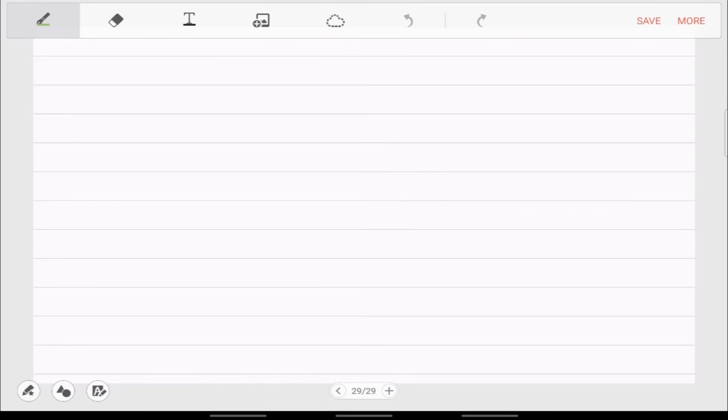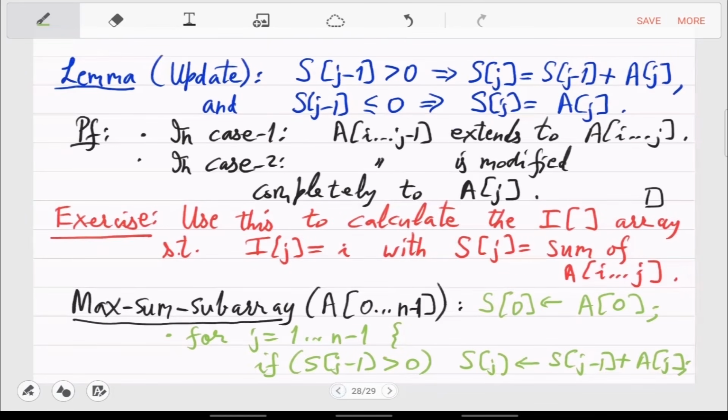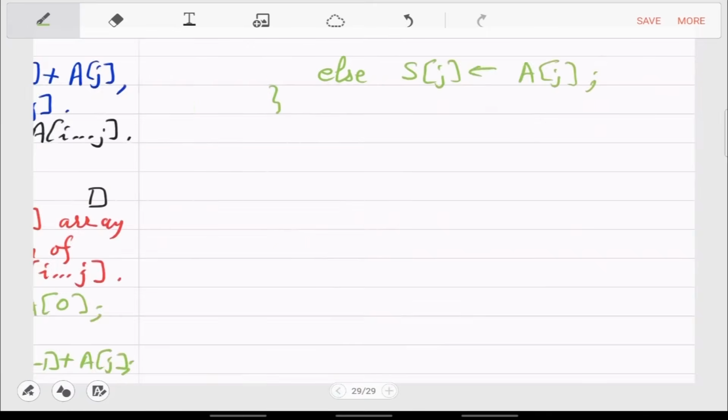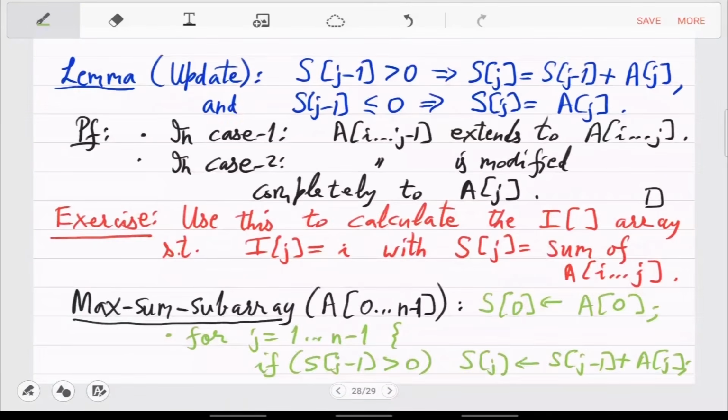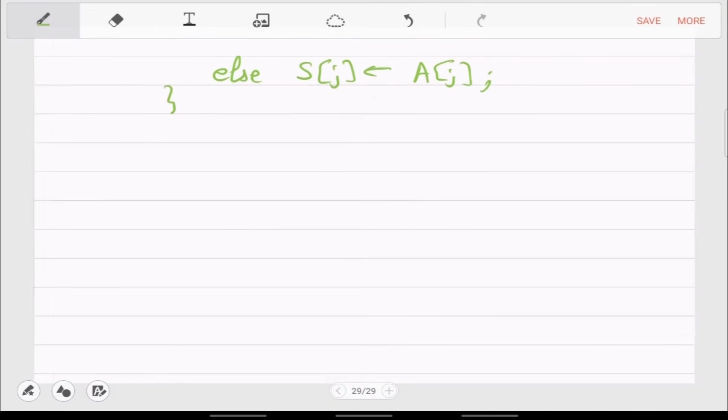Else it's a singleton. And the final step will be just calculate the max of the S array.